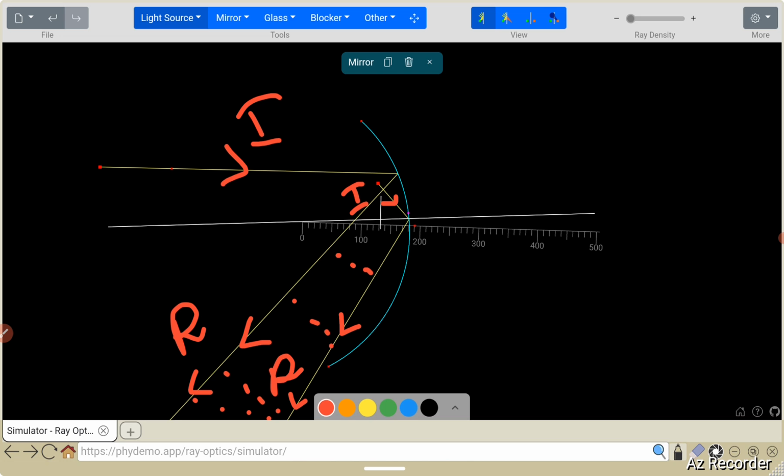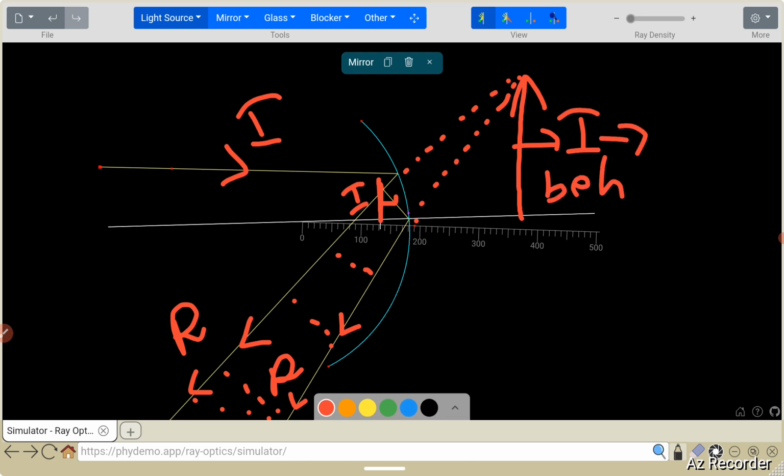Correct? Now what you have to do, you have to extend the reflected rays behind the mirror. Extend them behind the mirror. They are meeting at this point. Now join this to the principal axis. Now observe, if you have the object here and image here, where is the image formed?